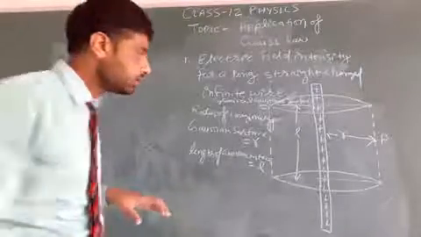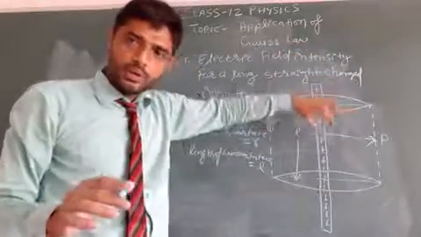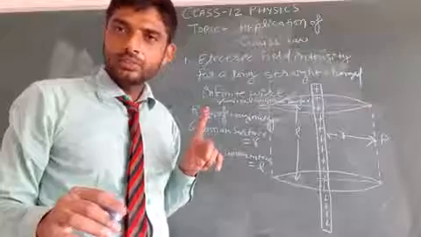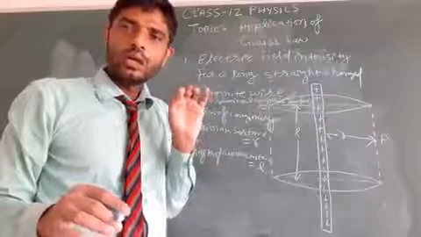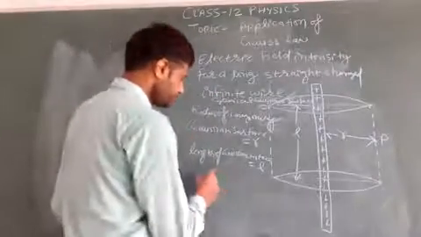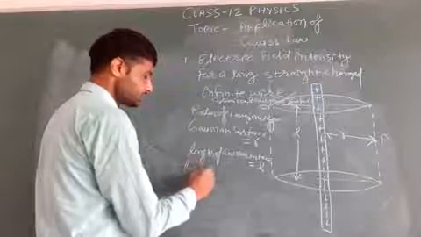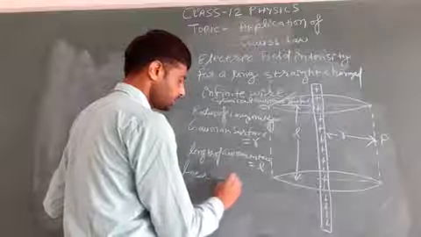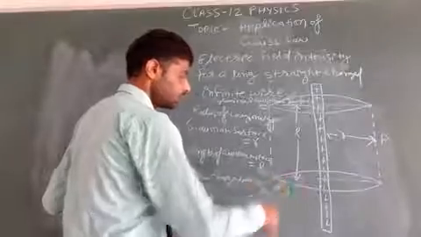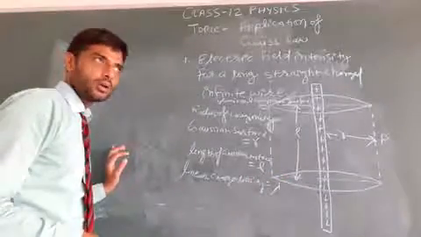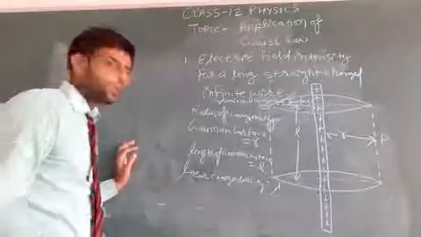And this is a wire, so it has only one dimension. So the charge distribution is linear. So linear charge density equals lambda, and let the charge enclosed by this portion be q.